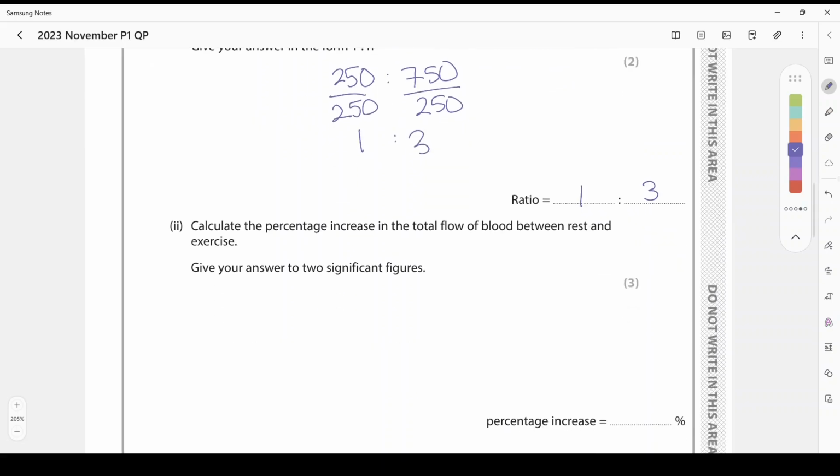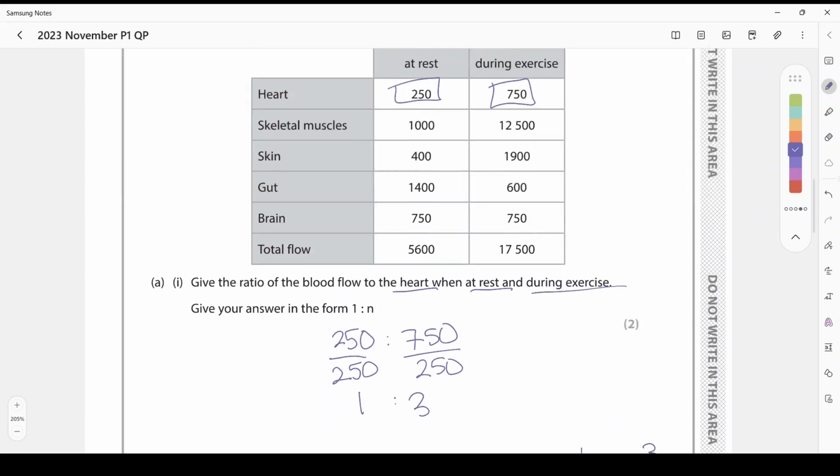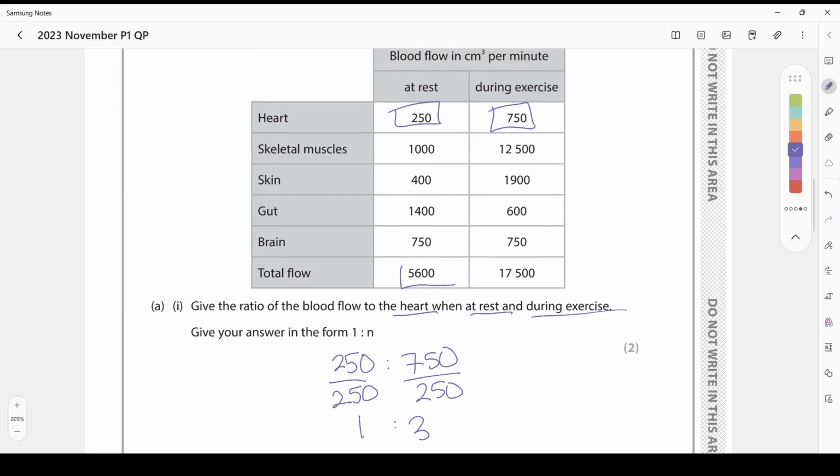All right, the next part, calculate the percentage increase in the total flow of blood between rest and exercise. Give your answer in 2 significant figures. If it's asking for total flow, we're looking at these two numbers here. This is at rest and this is during exercise.